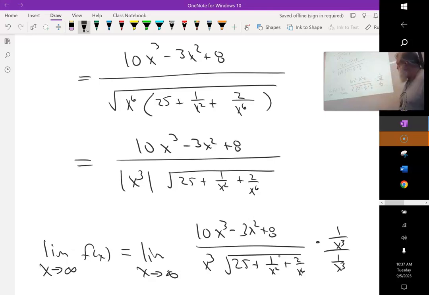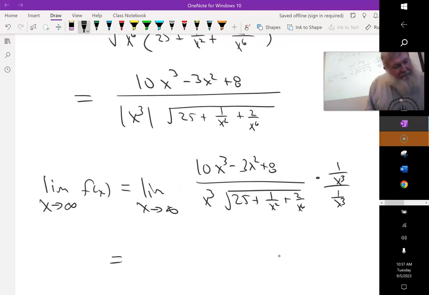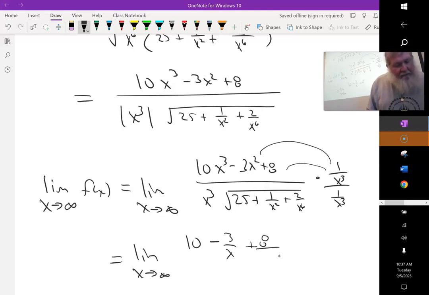Now remember, in the numerator, we have addition, so we have to distribute. So we get the limit as x goes to infinity of 10, minus 3 over x, plus 8 over x cubed.